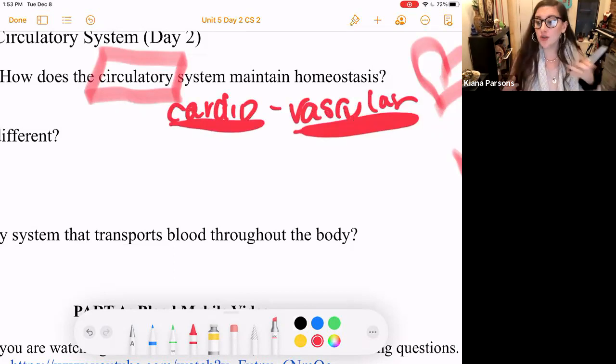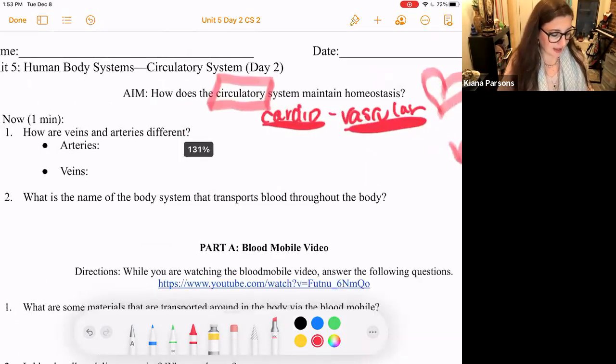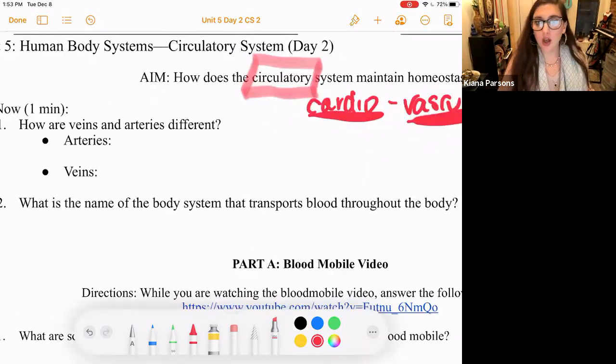The circulatory system transports nutrients around the body, and it does that because our heart pumps those nutrients and oxygen throughout all of our blood vessels.